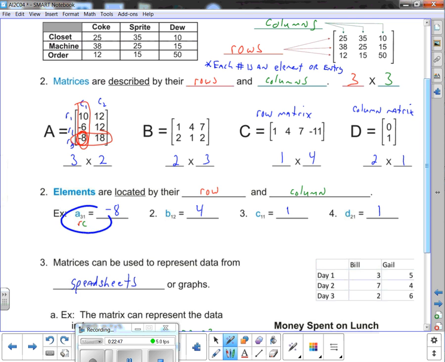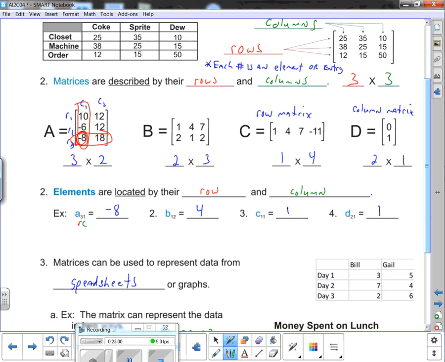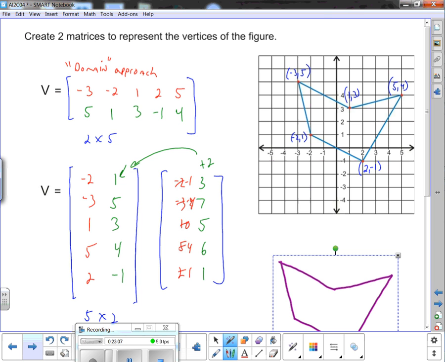Elements are located by their row and column. Little case a means an element of matrix A that's in the third row and the first column, right? Hey, there's a couple different ways to represent your data. And then we did that again here in creating them. All right, that's the idea.